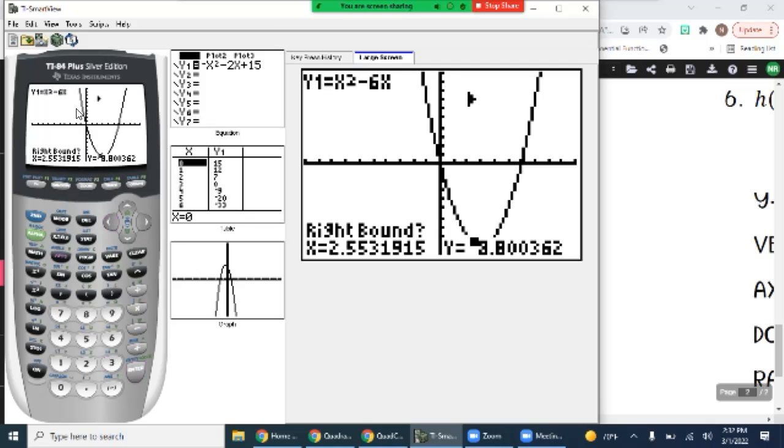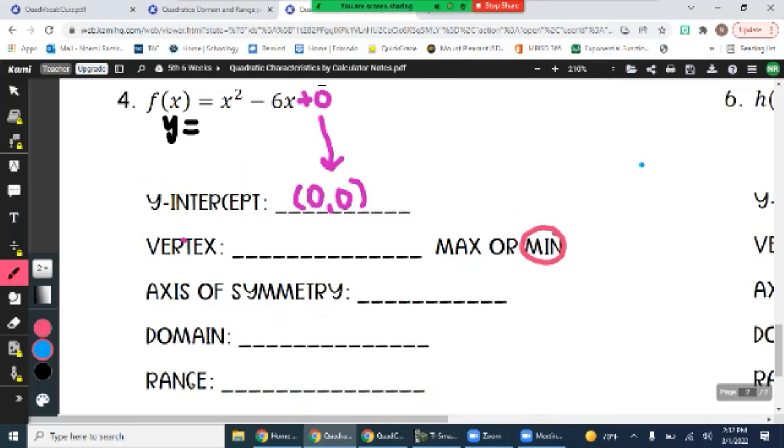How many times to the right? 1, 2, 3, 4. Enter, enter. And there's my minimum. It's not the minimum, it is your vertex. It will label it as a minimum, but this is your vertex. 2.99999, close enough to 3. So we're going to write it down as 3, -9.